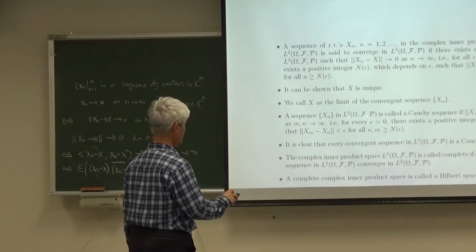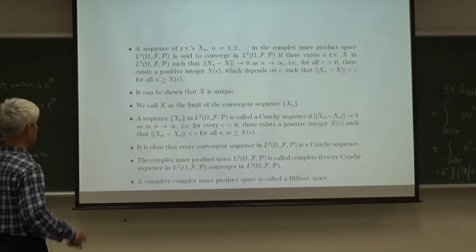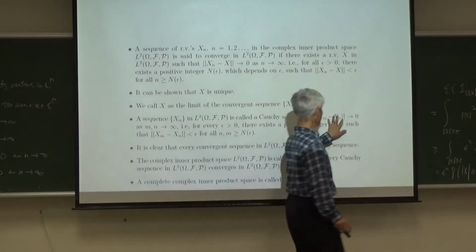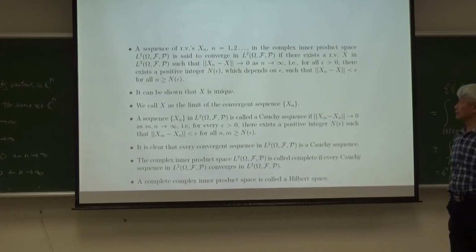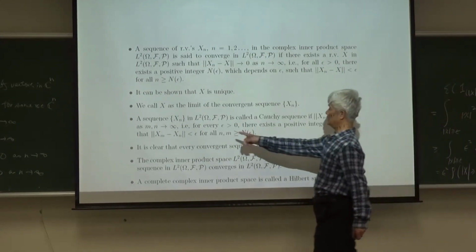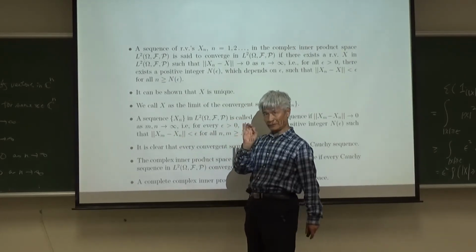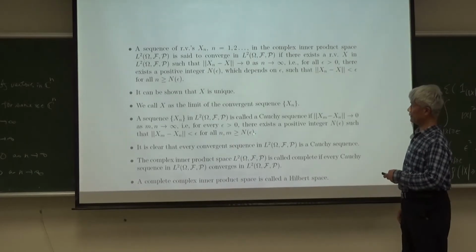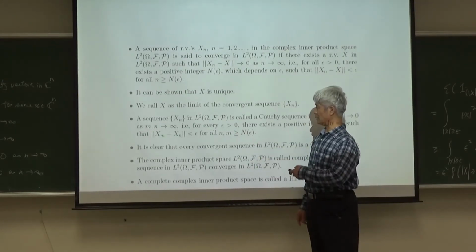We say a sequence in L2 space is a Cauchy sequence if, when you take m and n big enough, the distance between two random variables in the sequence, Xm minus Xn, goes to 0 as m and n approach infinity simultaneously. In epsilon-N notation: for every epsilon, the allowed error, we can find an integer N such that for any m, n greater than N, the distance between these two random variables is less than epsilon.